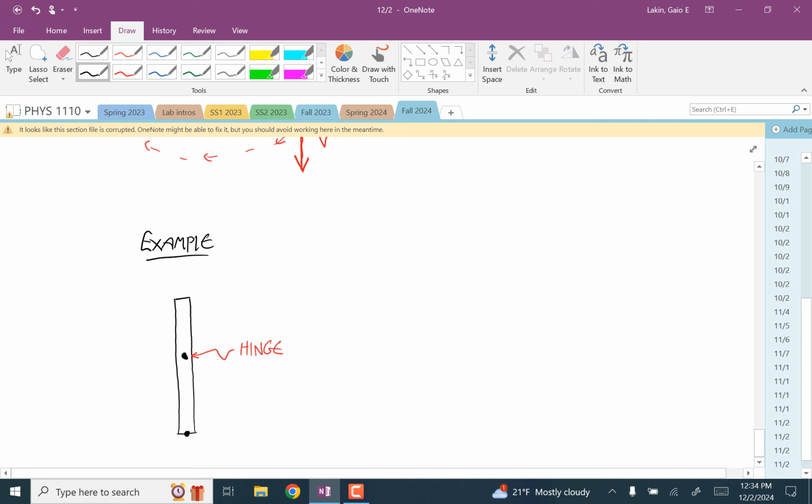So let's say the point A is here. And that's a distance of 0.5 meters from the hinge. And the point B is here. And that's a distance of 1 meter from the hinge.